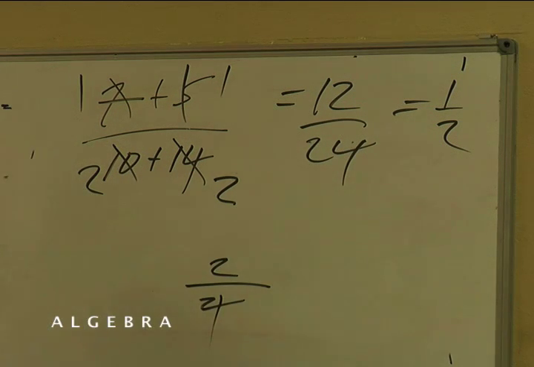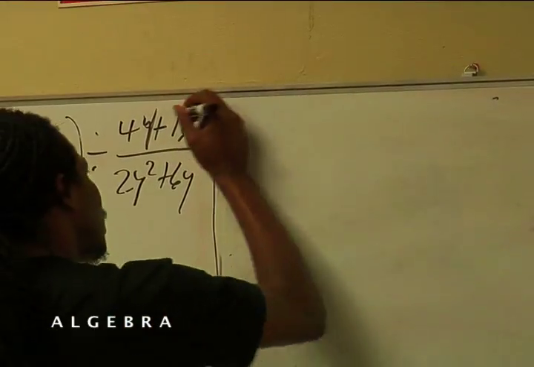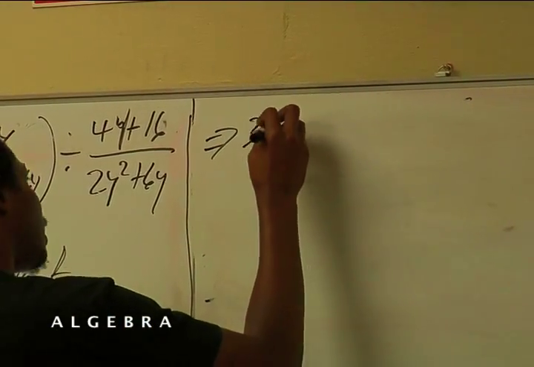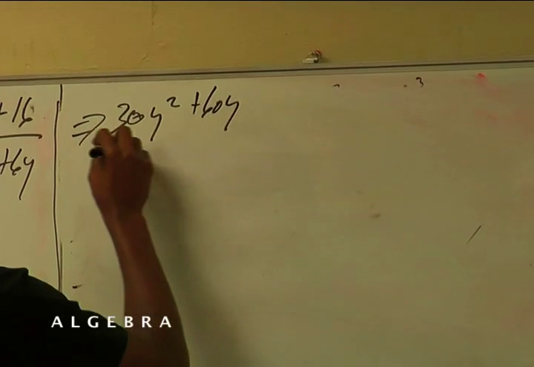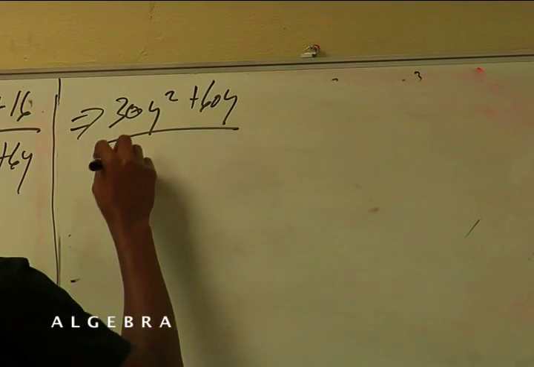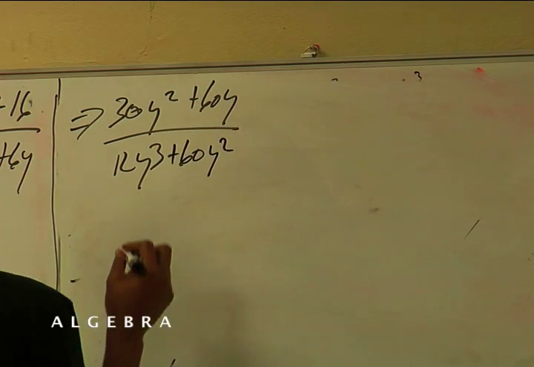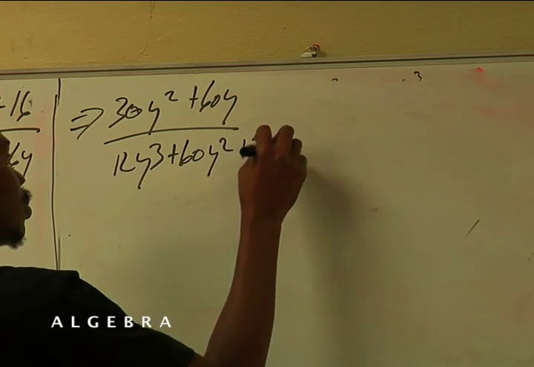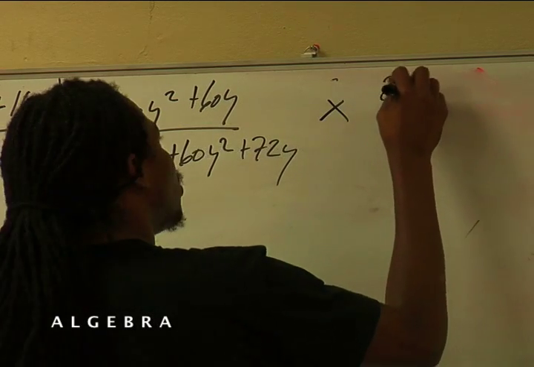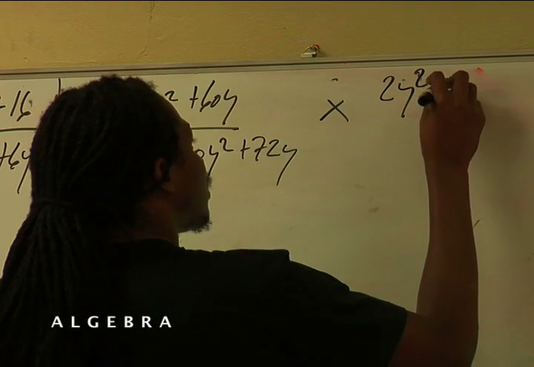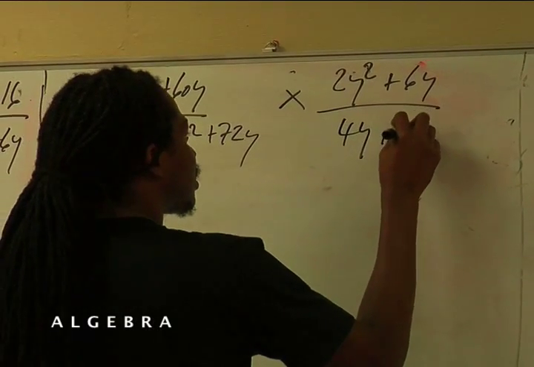All right, we know what we are doing now. So this now implies 30y squared plus 60y all over 12y cubed plus 60y squared plus 72y, times 2y squared plus 6y over 4y plus 16.